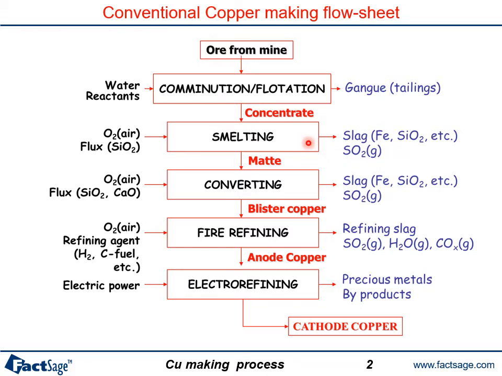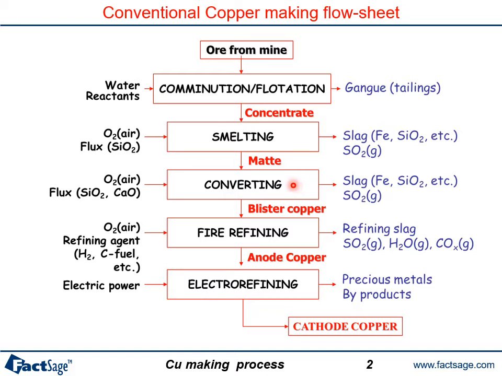However, the end of this smelting process is not the final liquid copper. It actually produces so-called matte, and matte is a copper iron sulfide liquid phase. And this matte typically contains about 60% of the copper, and then the rest of it is iron and the sulfur. And this goes to the next stage called the converting process.